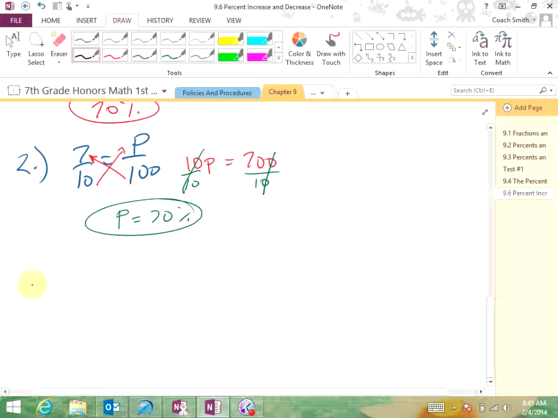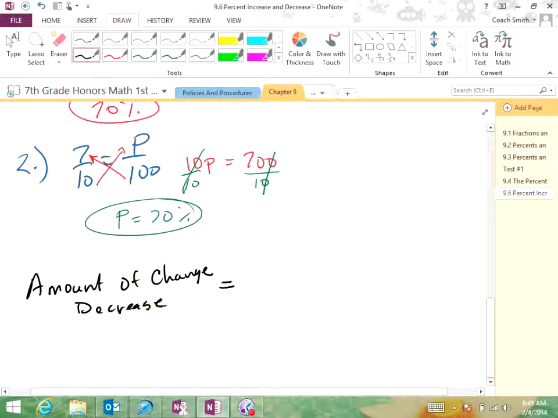Okay, now let's go ahead and do the other formula. The other formula we need to talk about is the amount of change for a decrease. The amount of change for a decrease is the original amount minus the new amount.